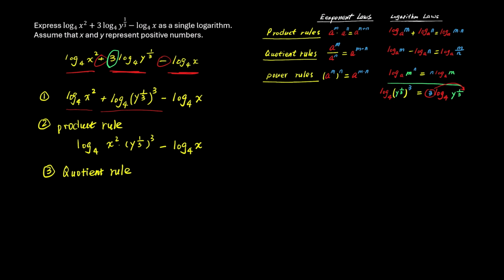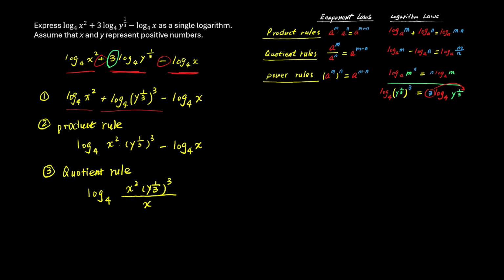The quotient rule says the subtraction of two logarithms can be combined into a single logarithm with the argument of the first term, x squared times y to the 1/3, then to the power of 3, divided by the argument of the second term, which is just x. Now you can see that we have combined all the terms into a single logarithm.